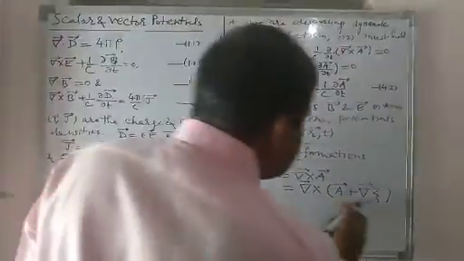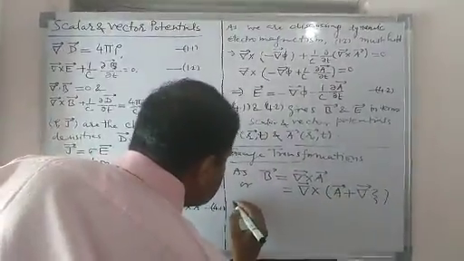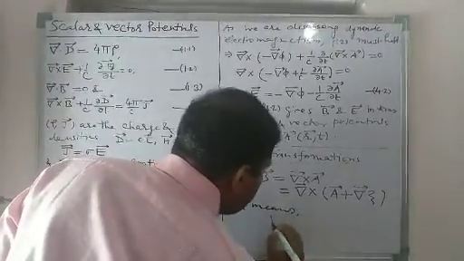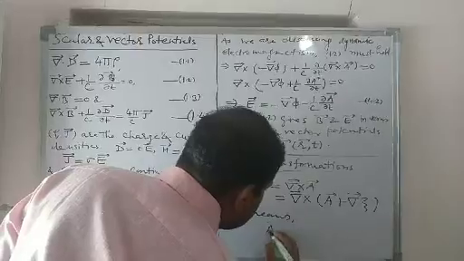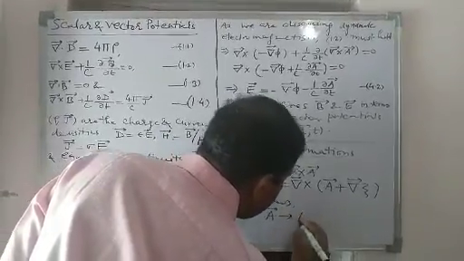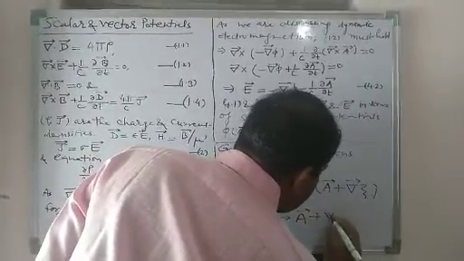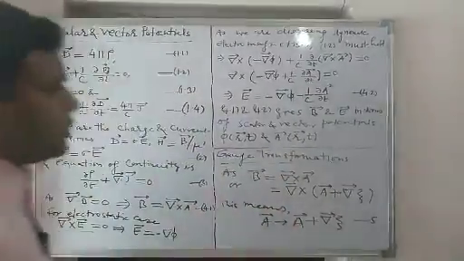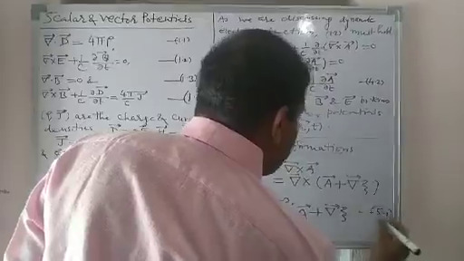This means that A could be replaced by A plus the gradient of psi. This is equation 5.1.